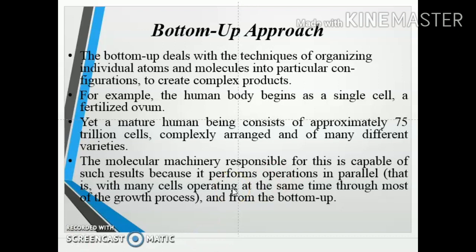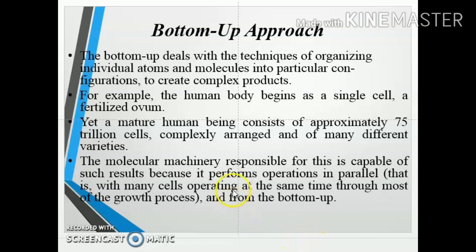If we take neurons, red blood cells, white blood cells, platelets, different types of such cells are available in the human body, and their working is complexly arranged, with the variety as I mentioned already.